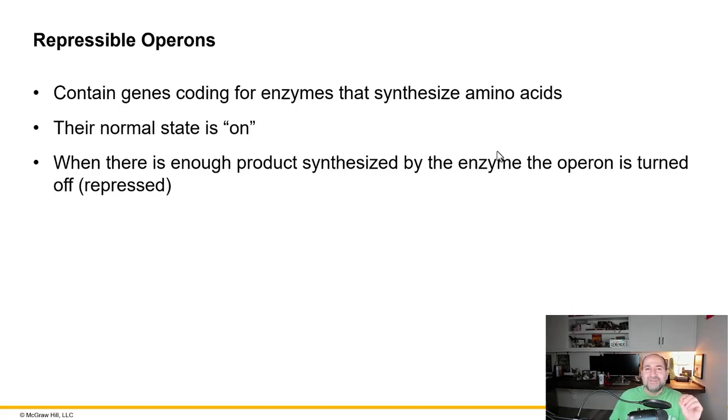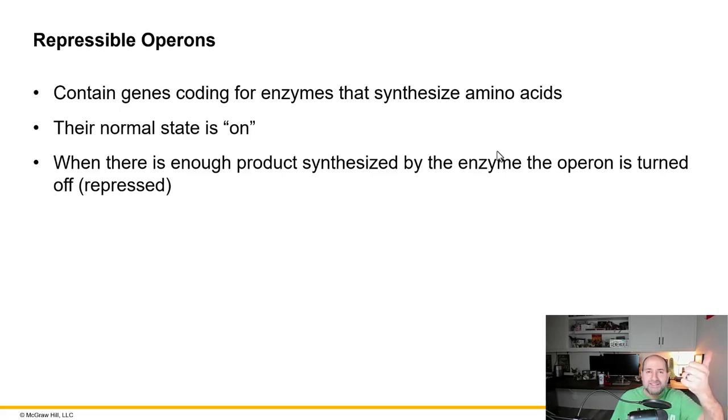However, if a bacterium comes across a windfall of a particular amino acid, then it may not need to make any more at the time, and it can shut off the production of the enzymes that produce that amino acid. So for instance, what if I have E. coli in a broth, and that E. coli is making a particular amino acid?